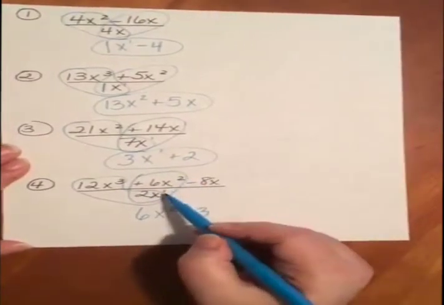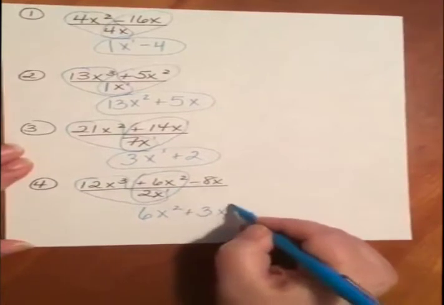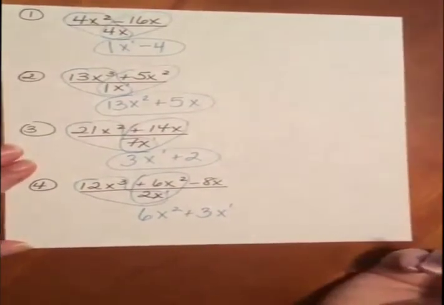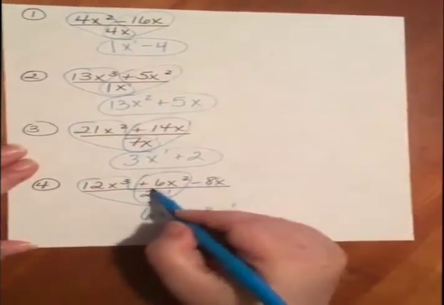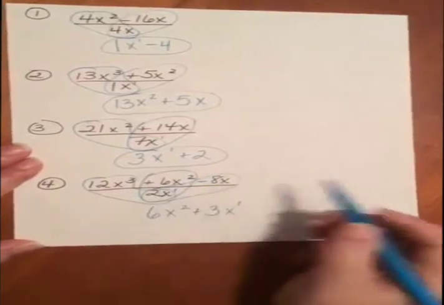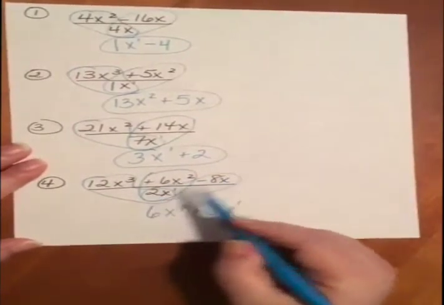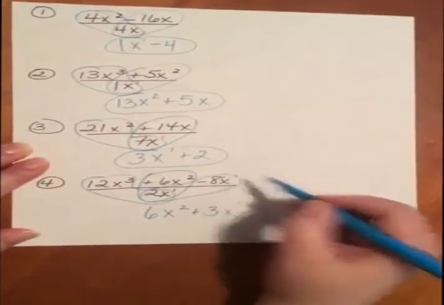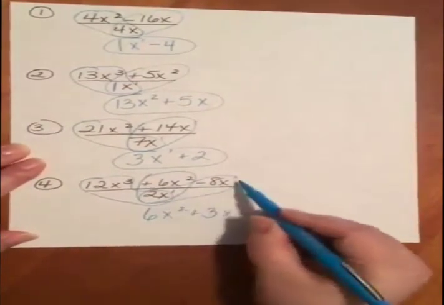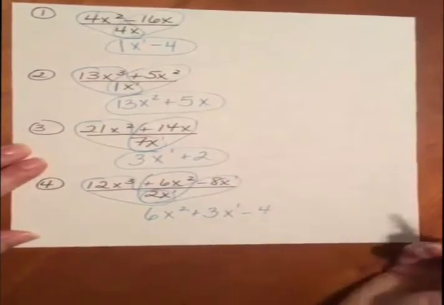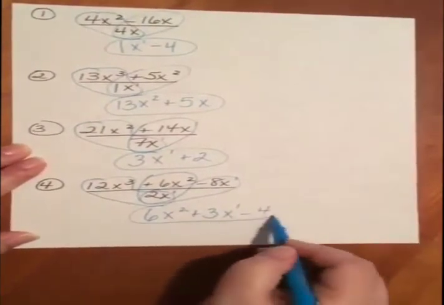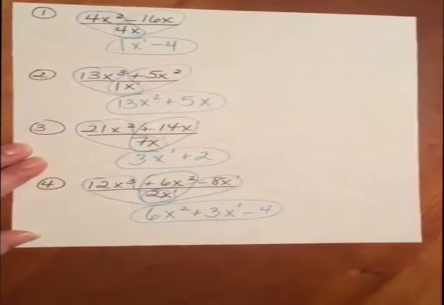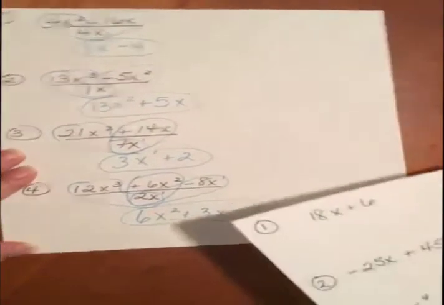There are 2 x's on top, 1 on the bottom, so that leaves 1x. And then the last term, negative 8x divided by 2x, negative 8 divided by 2 is a negative 4. There's 1 x on top, 1 on the bottom, so they both cancel out, so there are no x's left. So your final answer is 6x squared plus 3x minus 4.